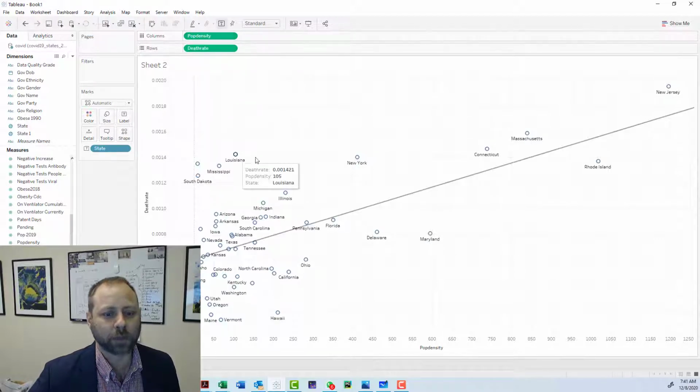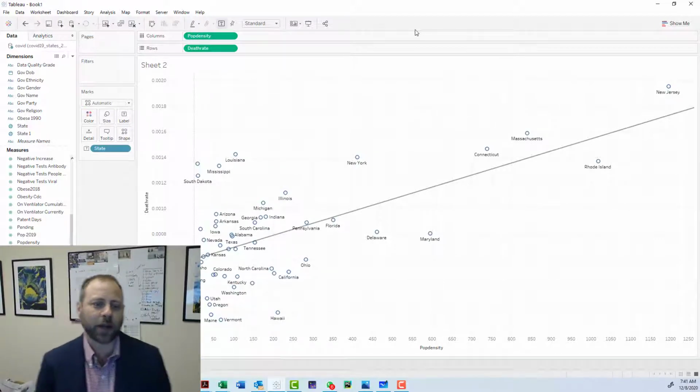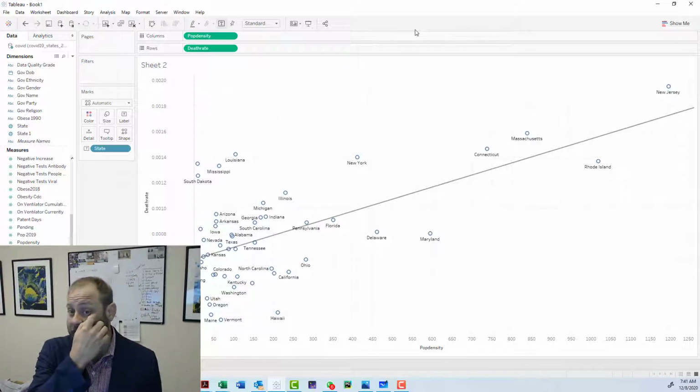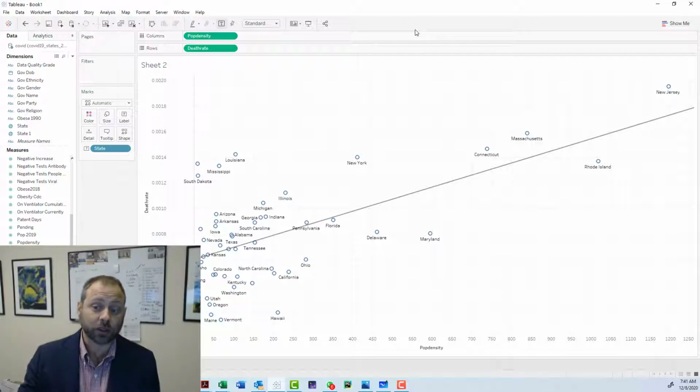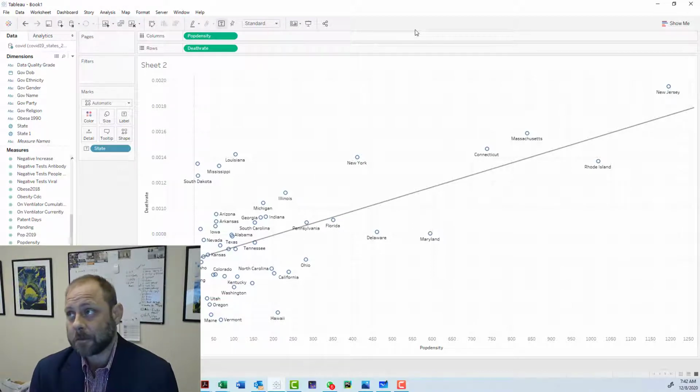Population density. This is an argument that I've been having for the past nine months about population density. And so places like New York, New Jersey, Rhode Island, where there's a lot of people, and Boston, right? Massachusetts again is up here, where you have higher concentrations of population density. There's more propensity for the spread of the virus because you're just closer to people.